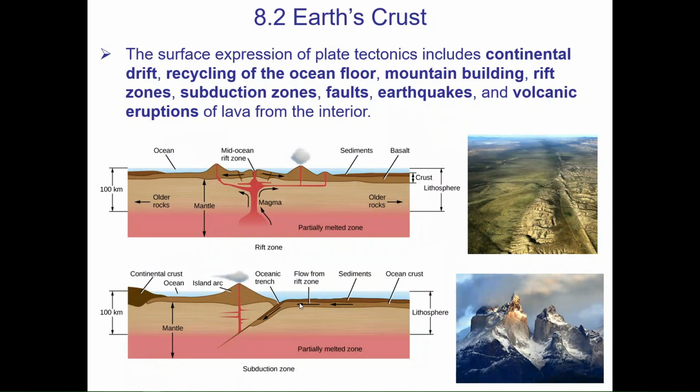So as a result of the two plates moving towards each other, the oceanic plate will go under. As it goes deeper, you may know that part of the mantle is very hot, so the material that used to be oceanic crust starts to melt.